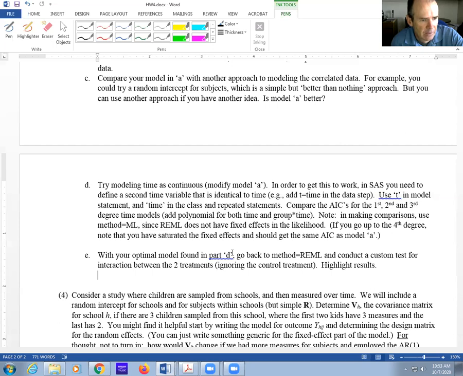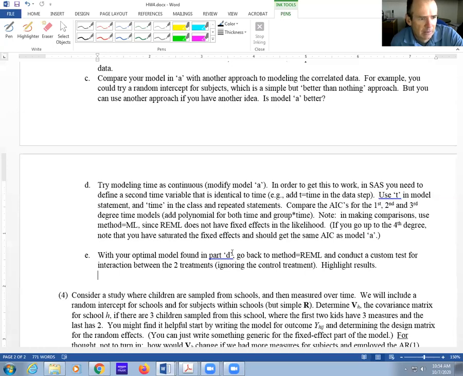But one of the key things is, in part D, you have to use method equals ML, at least in SAS, in order to make meaningful comparisons. You have to use the maximum likelihood method, because REML doesn't even have fixed effects in the likelihood. So for model selection that involves fixed effects, you should use method equals ML.